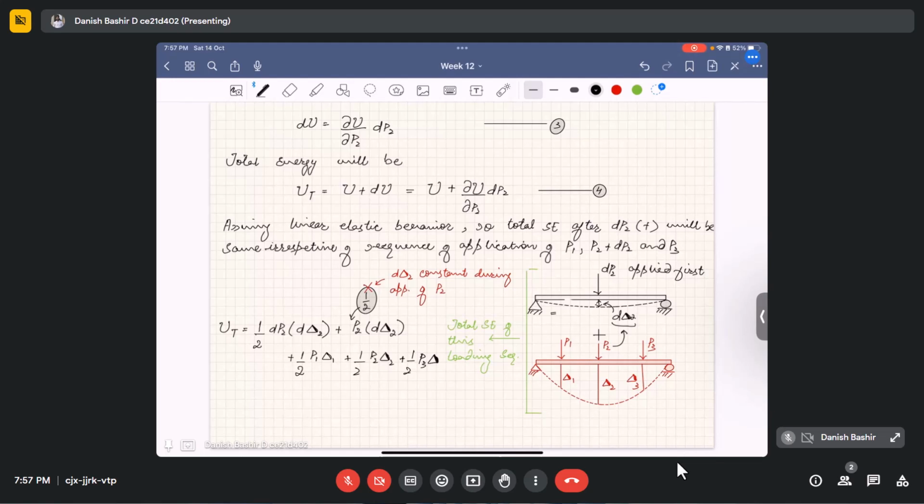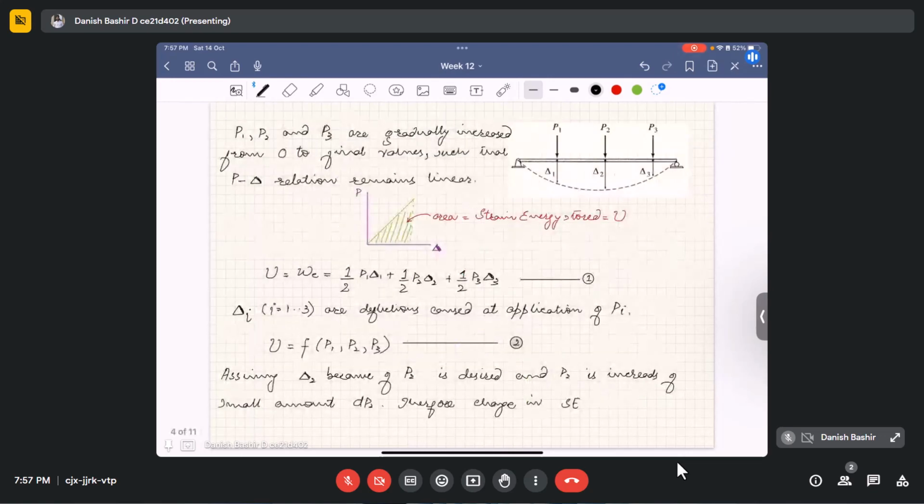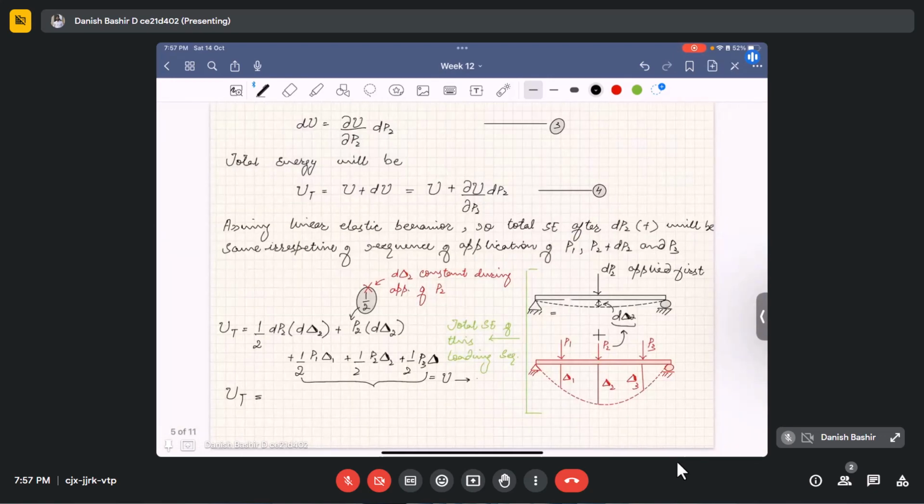So we can write this one, Ut, again. Ut will be equal to, if we see this, half P1 delta 1, P2 delta 2, P3 delta 3, which is initially equal to u, from equation first.